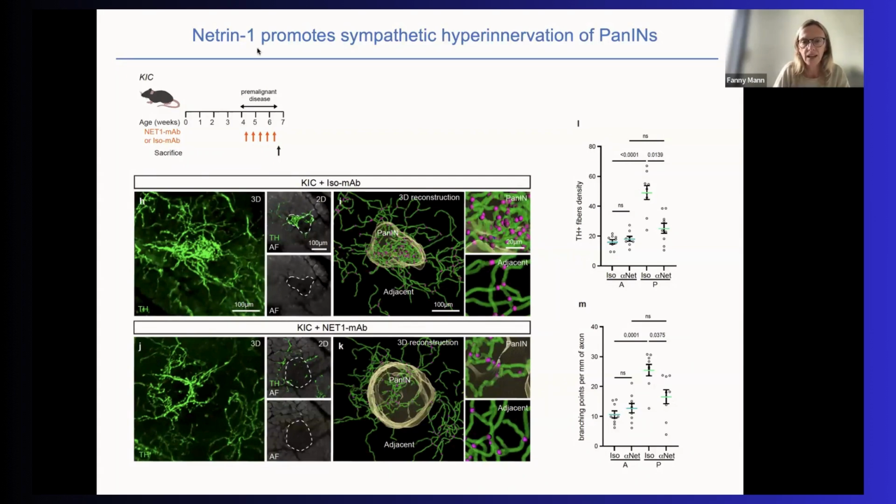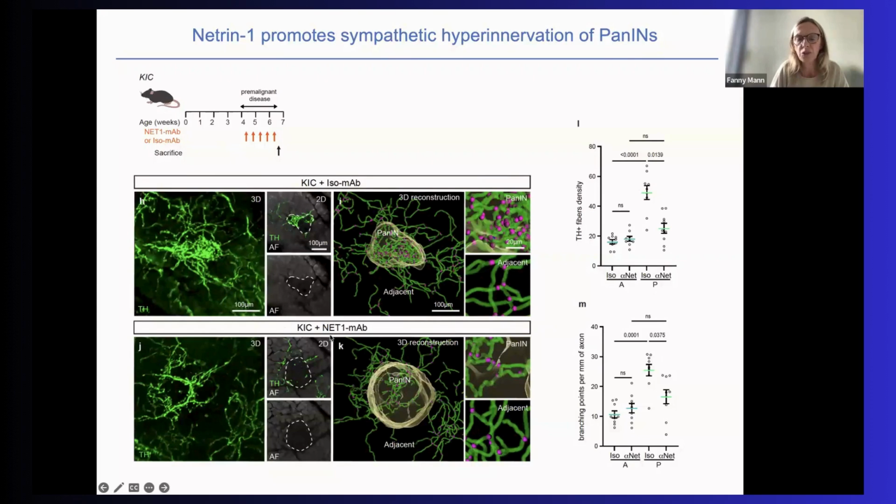And here are examples of TH staining in precancerous PanIN lesions, and on the right side you have the reconstruction. So in the mice treated with a control antibody, we found what we have already observed, a hyperinnervation of the PanIN lesions.